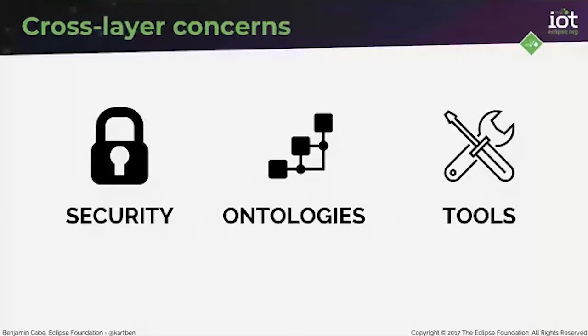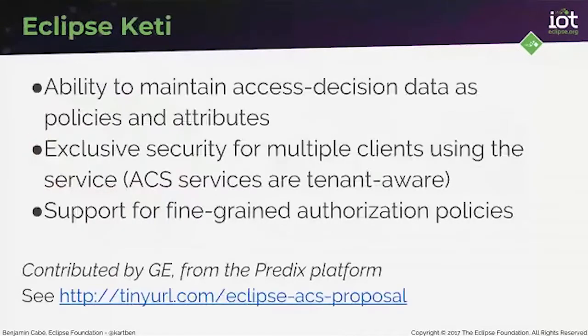Very briefly moving through some of the cross-layer concerns that I mentioned earlier. I will be going really quick here. For security, there's a pretty interesting project called Eclipse Keti, which comes out of the Predix platform. I think there've been a couple of presentations and sessions about Predix at the DevFest since yesterday. Keti is a way to do authentication.